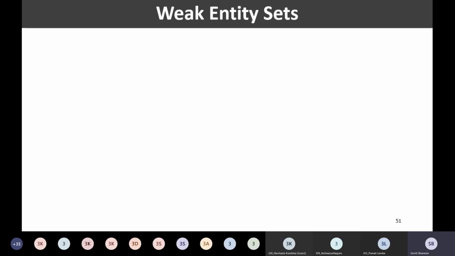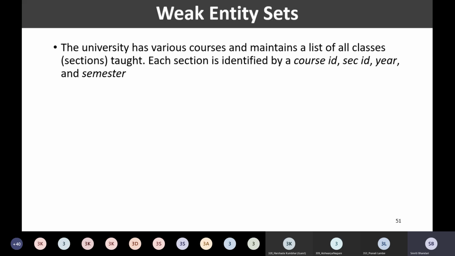A weak entity set is an entity set which does not have its own primary key, but depends on some identifying entity set or some strong entity set for its existence, right? So we have seen one example. Let us once again go through that example, and then we'll focus on a few more important concepts related to weak entity sets.